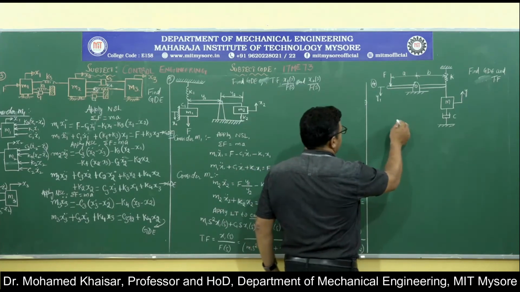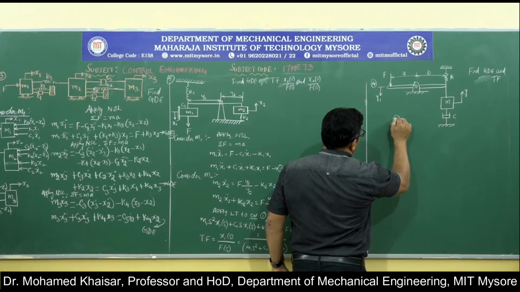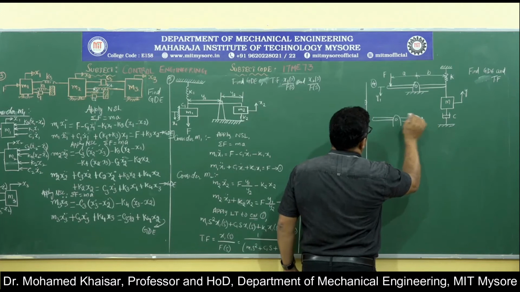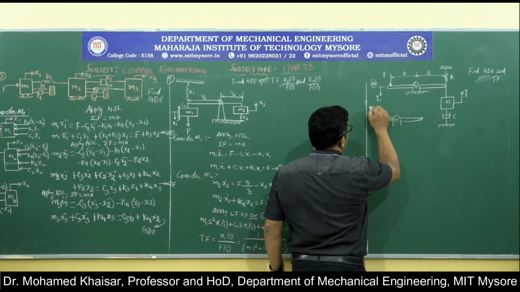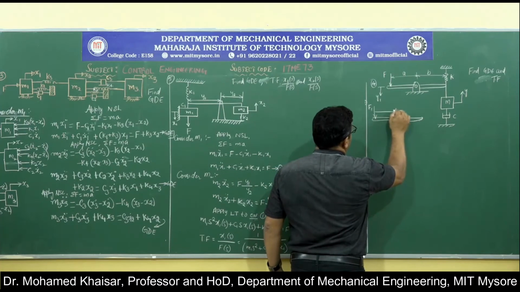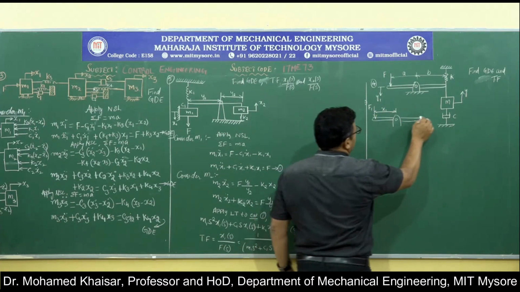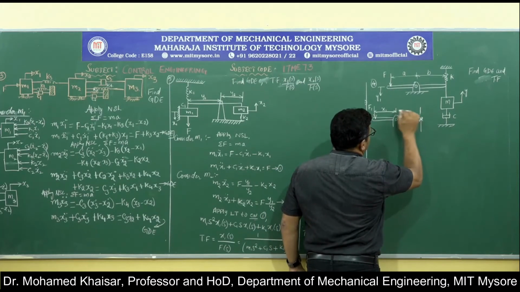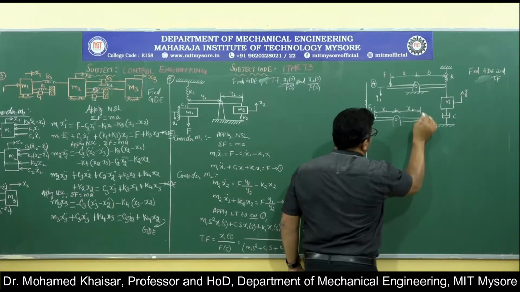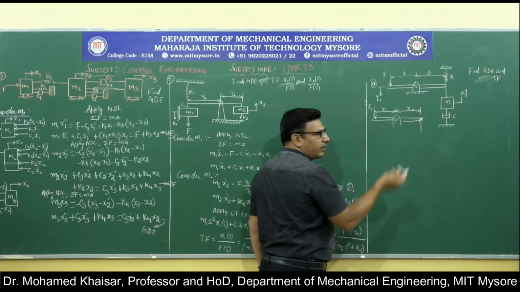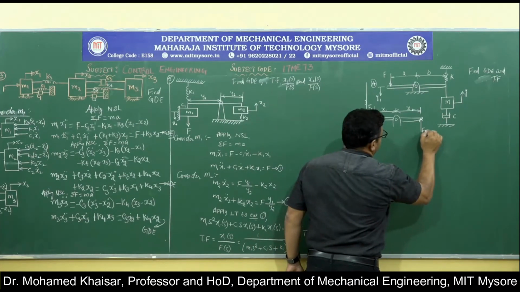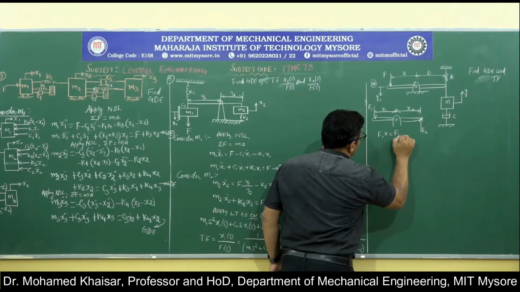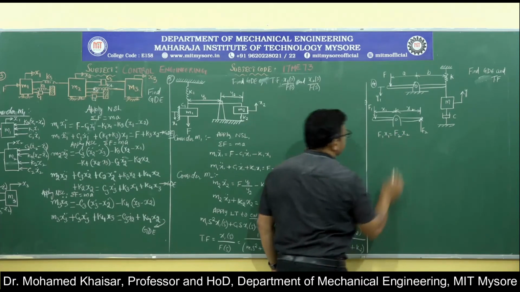See, in a leverage mechanism, if there is a lever, say for example, and we apply a force F1 over here, which is at a distance of x1, and we measure the distance on the other side of the lever as x2, then F1 into x1 will be equal to F2 into x2.